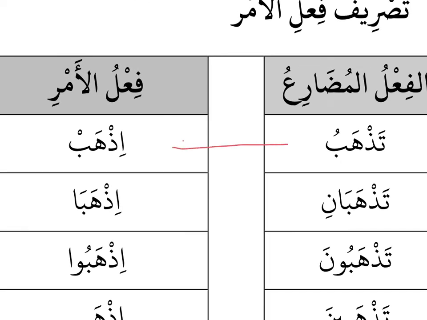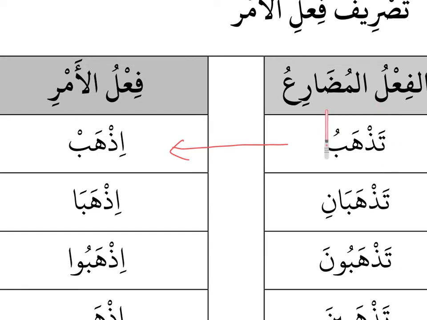There are a few steps that you can follow in order to change from تذهب to the فعل الأمر. But unfortunately, those steps will involve another lesson which you will learn later, and not in this course, of course. So here I will just give you the simple method of how to change from فعل مضارع to فعل أمر.